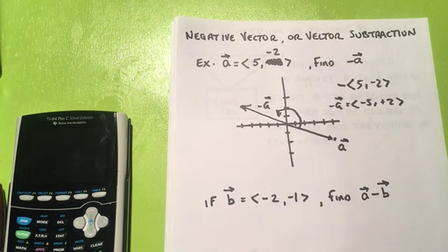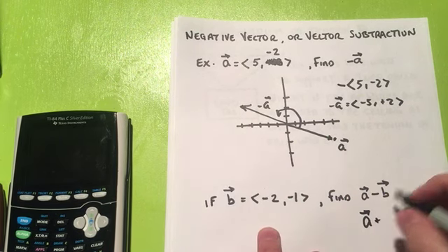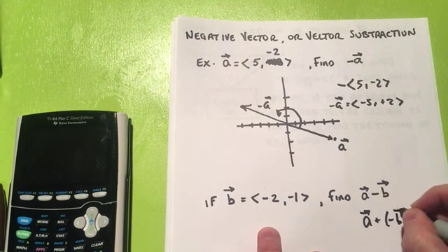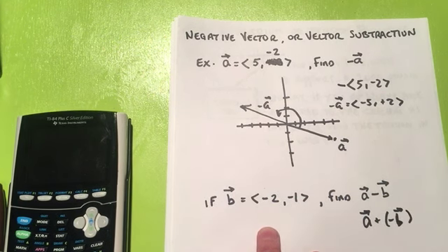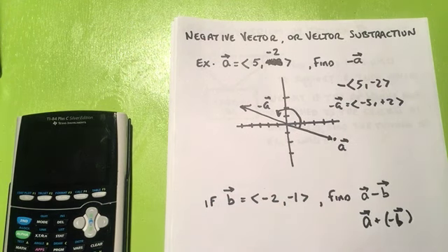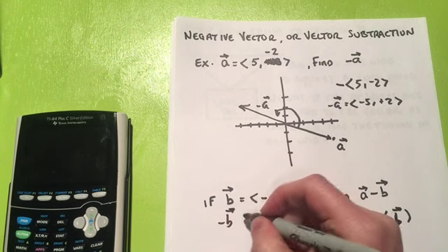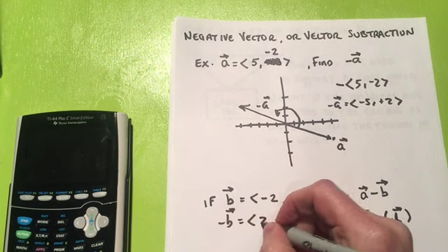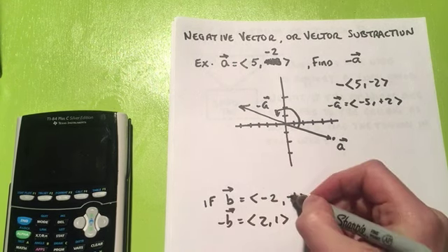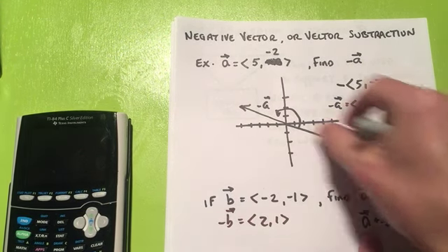Geometrically, how we can interpret that in terms of, say, subtraction. If we have a minus b, this is the same thing as vector a plus negative vector b. Now here I've used vector a. If we have a plus negative vector b, negative b is going to be, in this case, <2, 1>. Take the opposite of both of those. If we have a plus b, we know the tip to tail method.